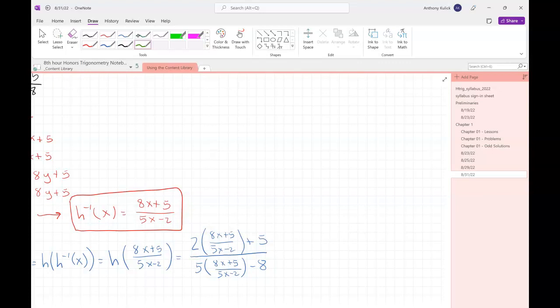So what I'm going to do to simplify this complex fraction is multiply the numerator and denominator by the same thing to clear the small fractions out. What should I pick there? That thing is going to be the least common multiple of all denominators. In this case, my only denominators are 5x minus 2 and 1. So the least common multiple is just going to be 5x minus 2.